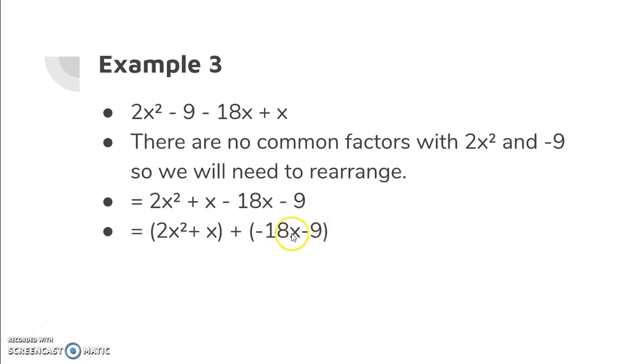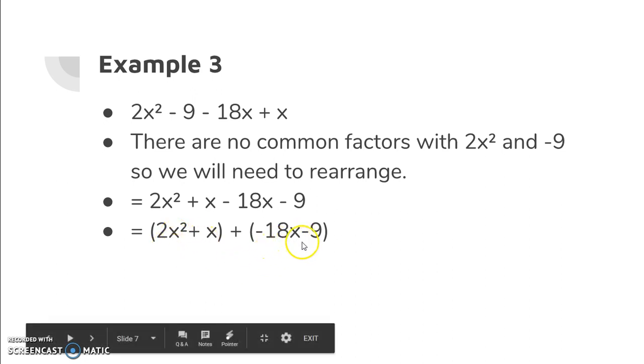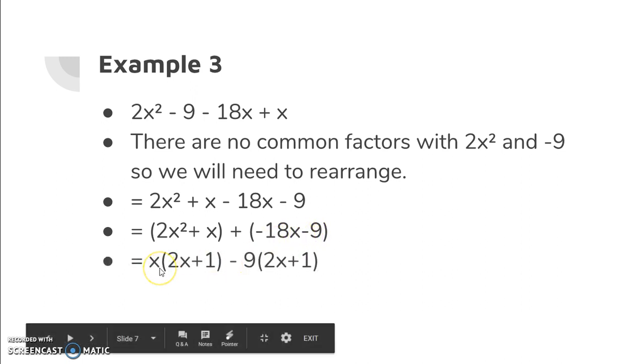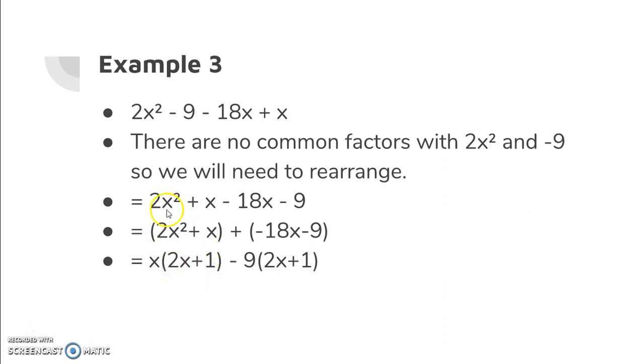Okay. Then I need to find the highest common factors of each of these two binomials. For this one, I'm going to take out x. And then for this one, I'm going to take out minus 9. So I have x bracket 2x plus 1, taking out the x.